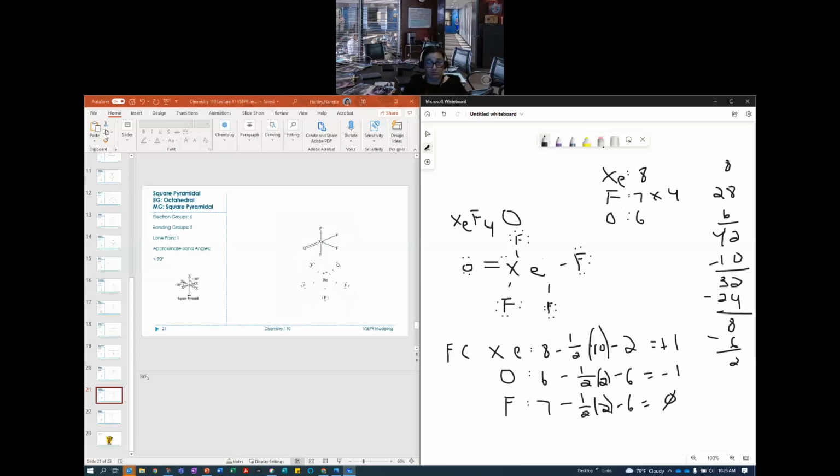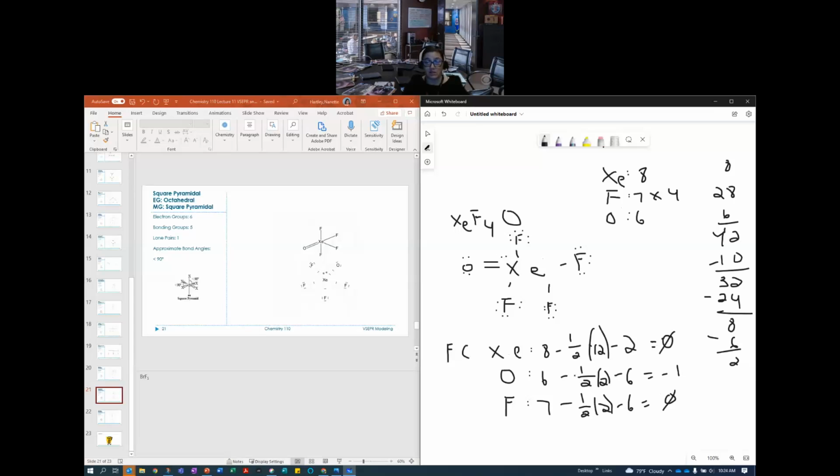That means my formal charge on my Xe is now going to change. So we're going to have the 8 minus half of the 2, 4, 6, 8, 10, 12, minus the 2. So half of the 12 is going to be 6, minus 2, which gives me 0.